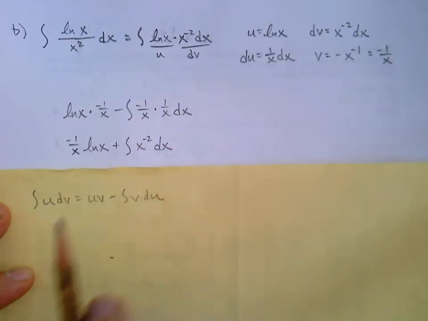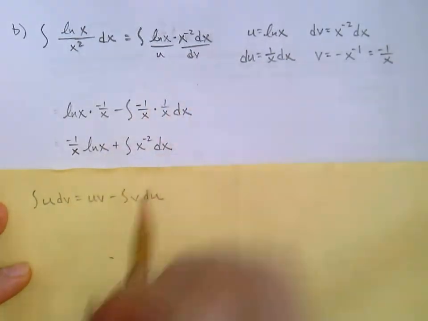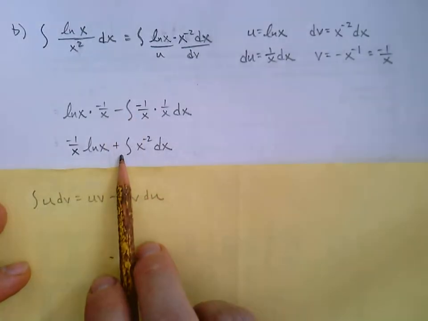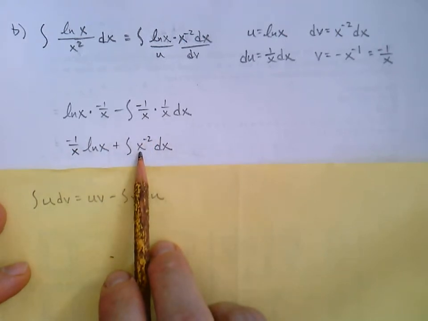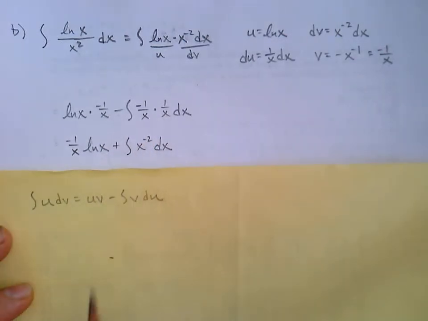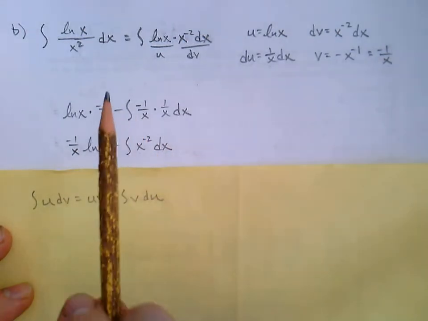That's all up to you. What happens here? Well, negatives cancel, right? Plus. And now I'm going to think of these as an x to the negative 2, 1 over x squared. Now the question becomes, is this simpler than the original?